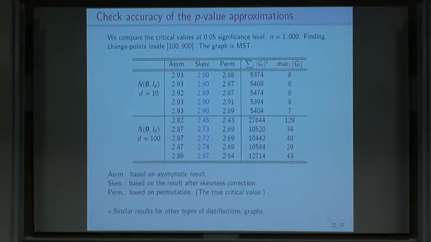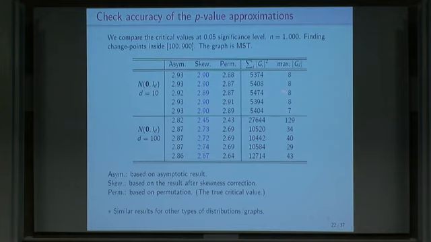In the first 5 simulations, each observation in the sequence is from a multivariate Gaussian distribution with dimension 10. In these 5 simulations, we increase the dimension; the dimension here is 100. And these 2 columns try to characterize the graph: this is the sum of squares of degrees, and this is the maximum degree in the graph.